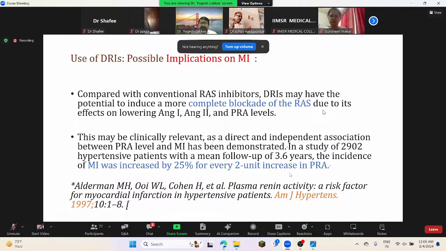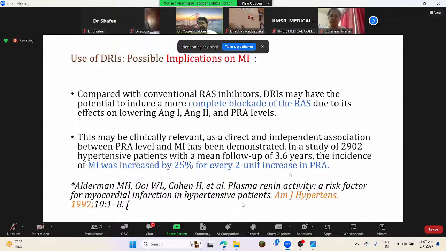Renin is the first hormonal or biochemical molecule that acts on angiotensinogen and converts it into angiotensin 1. So when renin is acted upon, that is at the very first level, and that is very important, because plasma renin activity is a risk factor for myocardial infarction in hypertensive patients.